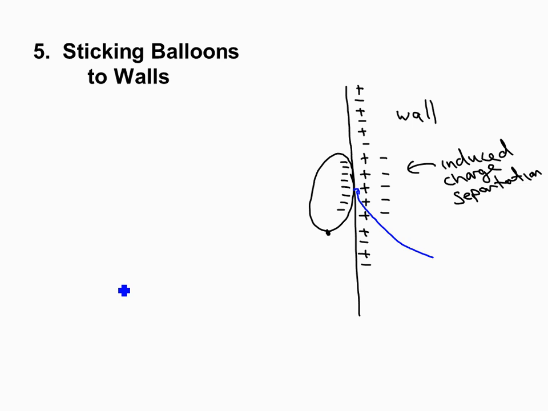Overall, it's still neutral, but because of the repelling of the electrons into the wall, this is positive right there. Where did the negatives go? To the other side, into the wall. They've been pushed deep into the wall. All right? So this forms a little positive charge right at the surface of the wall.